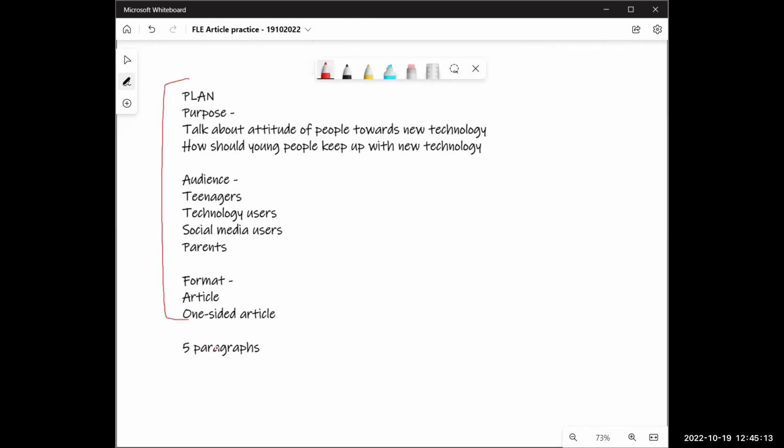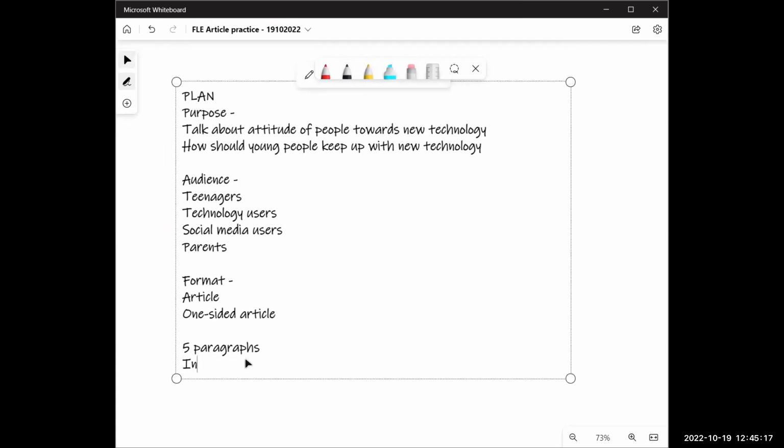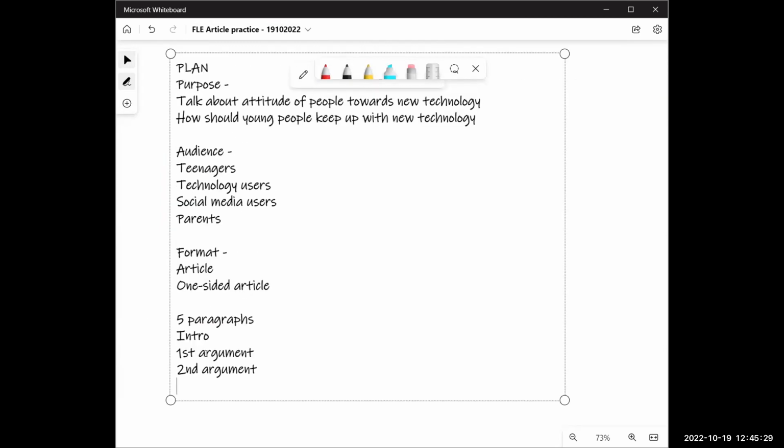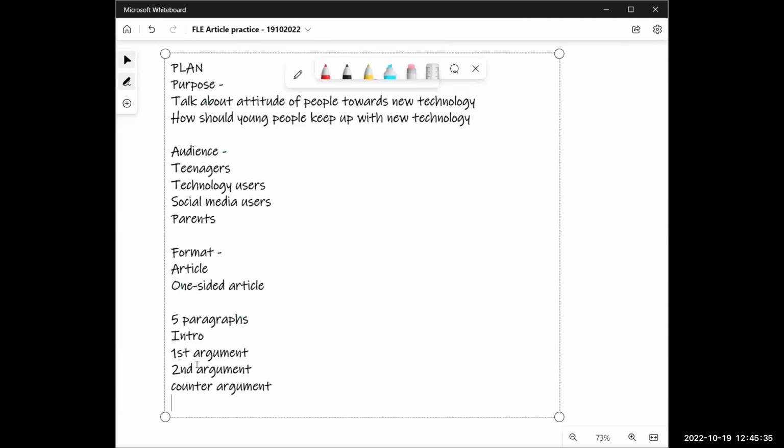I'm just giving a recap of the format for the article. First thing first, you have an intro. You have first argument. You have second argument. Finally, you have counter argument. And you have the conclusion.